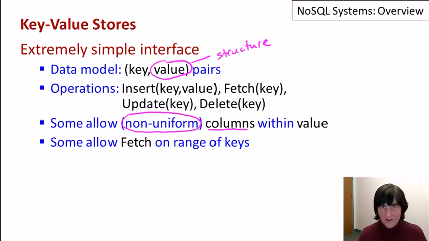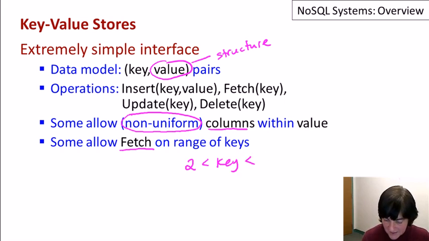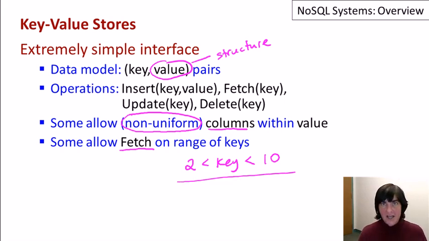None of the key value stores are as strict in their structure as a relational database system would be. The other addition that some allow is a fetch on a range of keys. So this might say, I want to get all keys, say, between 2 and 10. That requires a different type of implementation, as you can imagine, but it does allow that operation to be performed efficiently if that's something the application needs.